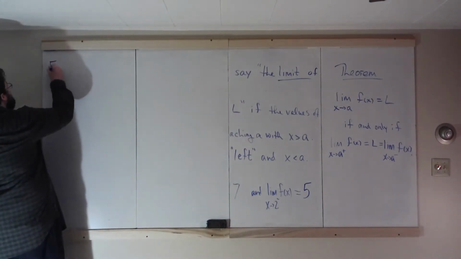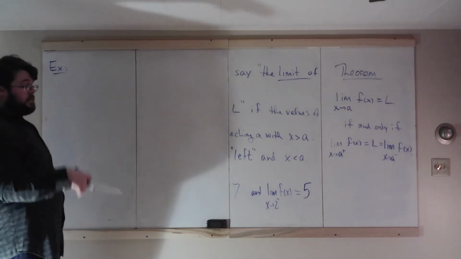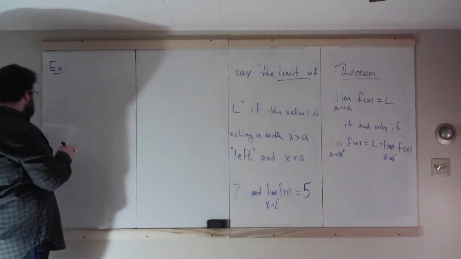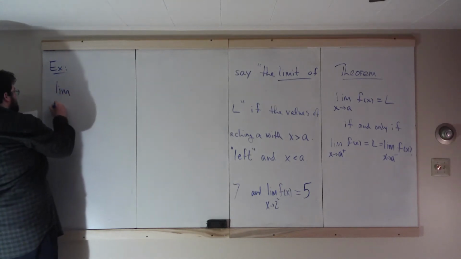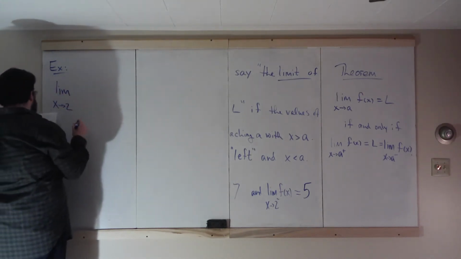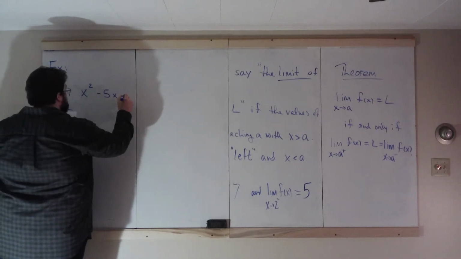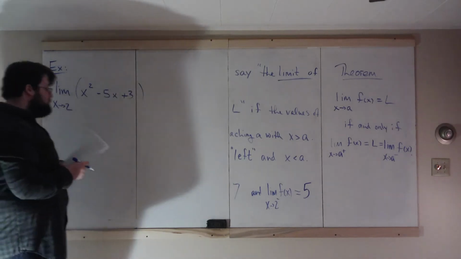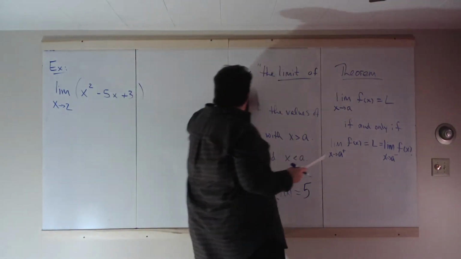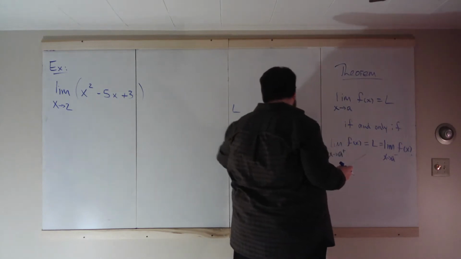Example. Compute this limit. You could do a graph and label some points if you want of this one. I would recommend against that. Limit as x approaches 2 of x squared minus 5x plus 3. I'm going to throw that in parentheses so it's clear that the limit is on everything. So we want this limit. We have a polynomial, we have a function.